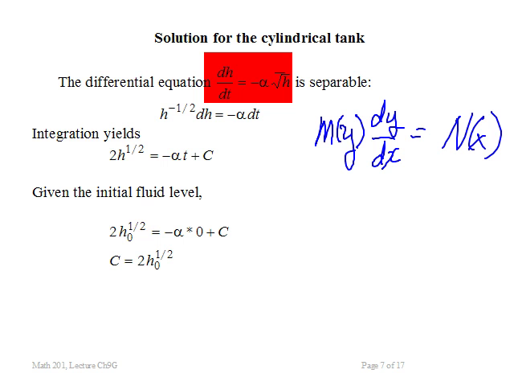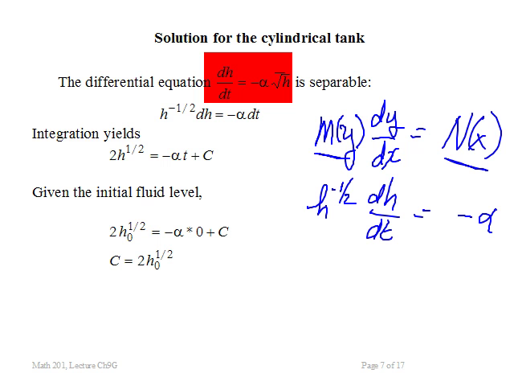So everything on this side depends only on y, or it could be a constant. Everything over here depends only on x, or it can be a constant. So when we separate this out, we'll put all the h's over on this side. So I have h to the minus 1/2 times dh by dt, and the negative alpha can stay over here.